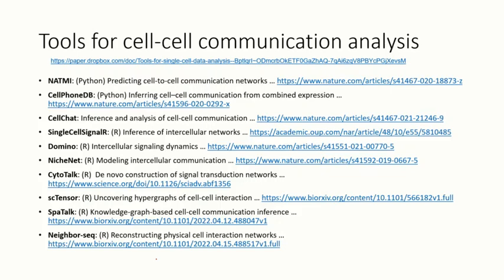They're based on the same idea of the product of P and Q. So in this case, P and Q is not the fraction. P is the expression level of ligand, and Q is the expression level of receptor.